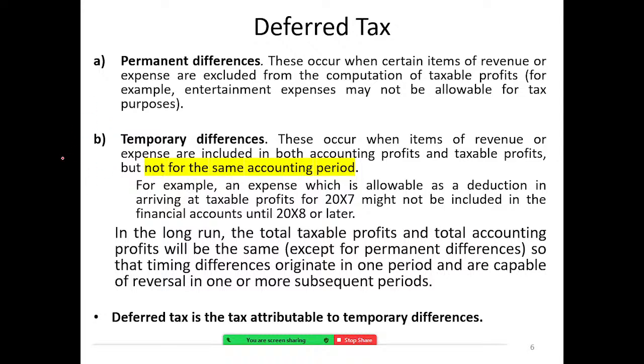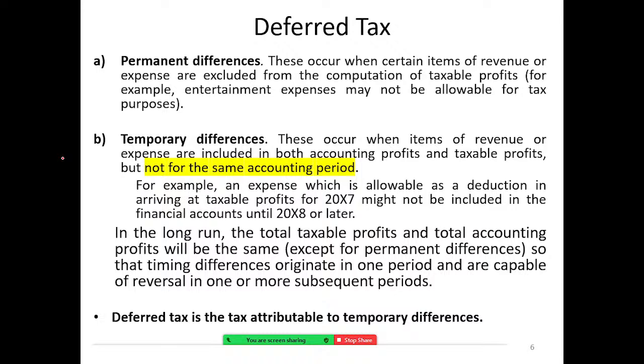So this occurs when items of revenue or expenses are included in both accounting profit and taxable profit, but not in the same accounting period. So it's because of cash basis and accrual basis.